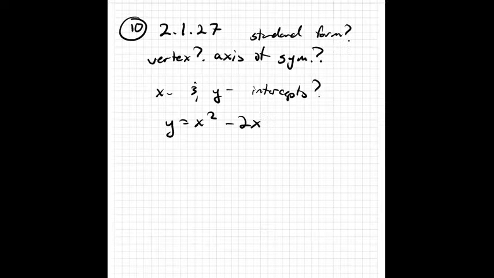I'm going to do another demo on completing the square. So again, the original was y equals x squared minus 2x. Now, fortunately, our leading coefficient is already a 1. So we're going to add 0 by doing plus b over 2 squared and minus b over 2 squared.